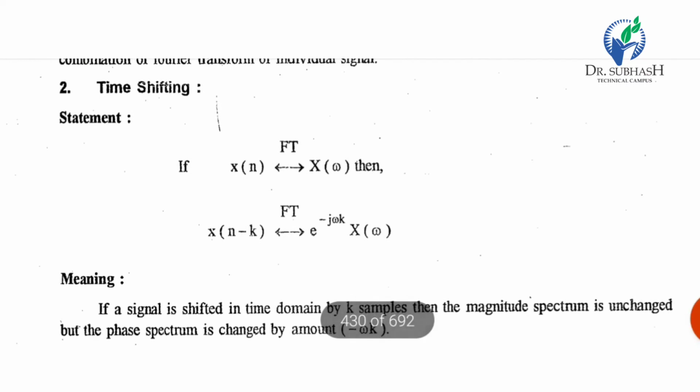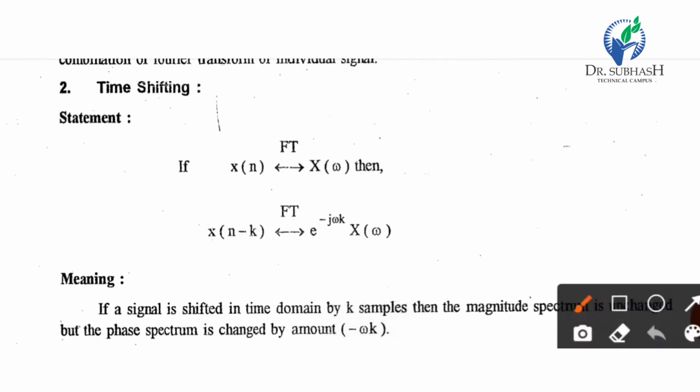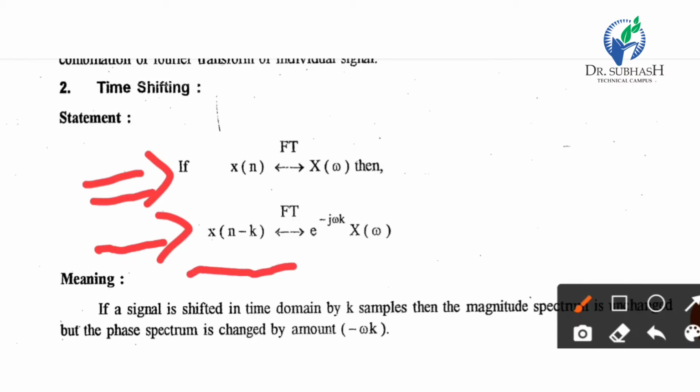The next property is time shifting. So the statement is, if x(n) Fourier transform is X(ω), then with a time shift in the time domain, x(n-k) has the Fourier transform e^(-jωk) multiplied with X(ω).